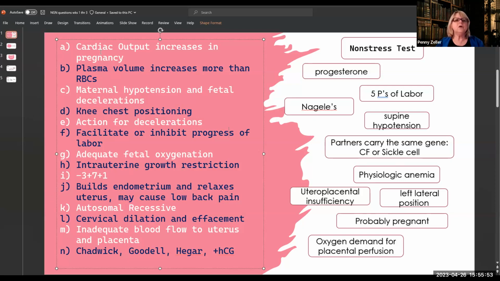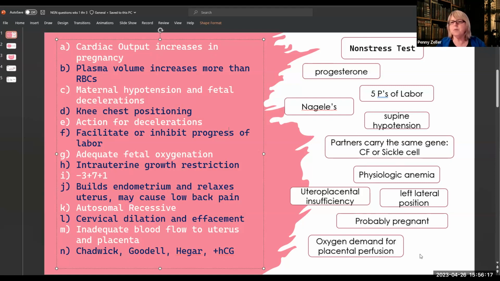How about cardiac output increases in pregnancy? I mean, the stress test is judging your cardiac output. So would that be the non-stress test? No, it's not the non-stress test. Okay. So which one can I match with cardiac output increasing during pregnancy?